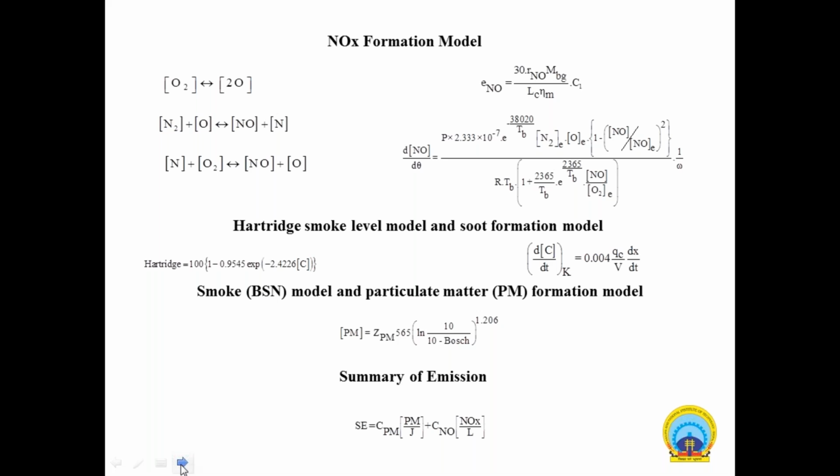The NOx emission is calculated by the extended Zeldovich mechanism that I have discussed, where 18 species are calculated at every step, and the overall system of equations contains 14 equilibrium equations, 3 material balance equations, and the Dalton equation of partial pressure. So these 5 equations are related to our NOx formation model.